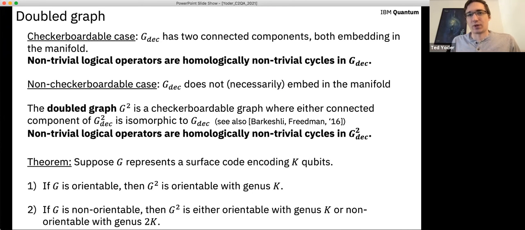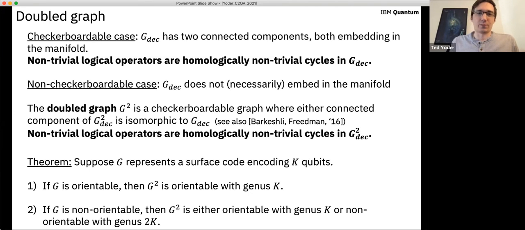In the checkerboardable case, which the previous example was not, the decoding graph has two connected components, both embedding in the same manifold as the original graph. And then we can make the statement that non-trivial logical operators are actually homologically non-trivial cycles in the decoding graph.